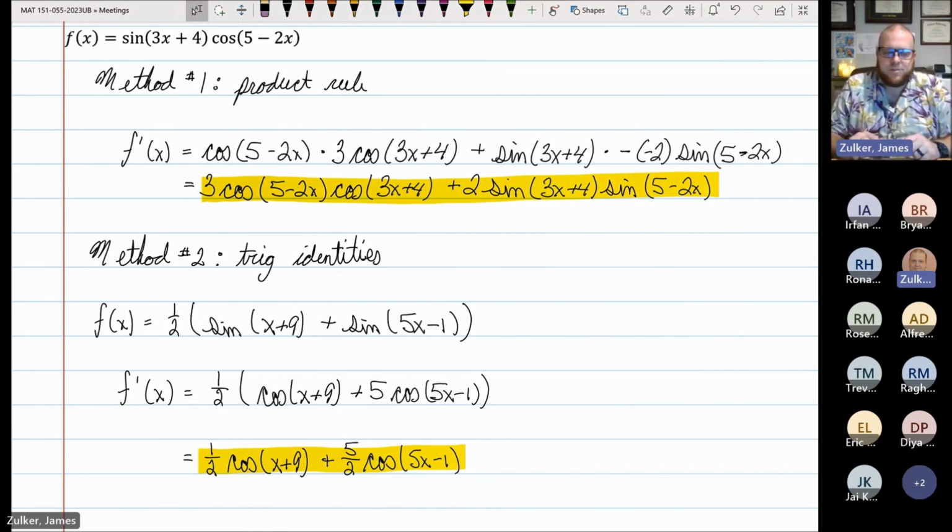Right? And then there's the derivative. So there are the two derivatives, same function, right? But two different forms based on the route you decide to go down.